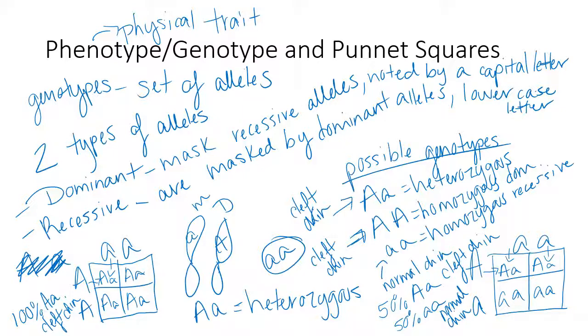I do want to clarify that this box here, the Punnett square, that's the percent chance that your offspring will have the trait. This is not offspring 1, offspring 2, okay? This is every time you have a child, you would have a 100% chance of them being heterozygous and having a cleft chin.